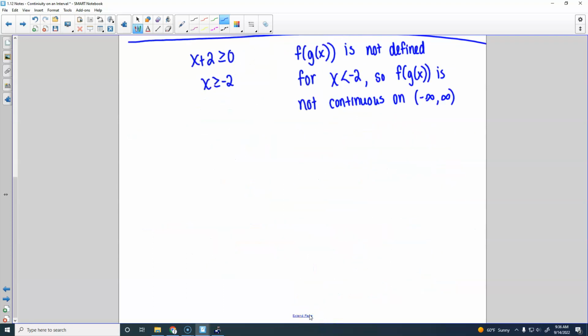If the question was worded differently, just so you see this, if it said, tell the domain for which f of g of x is continuous, what would our domain be where this is continuous?